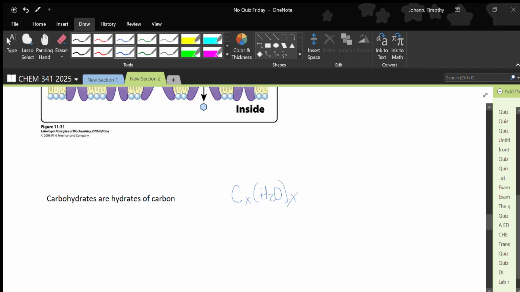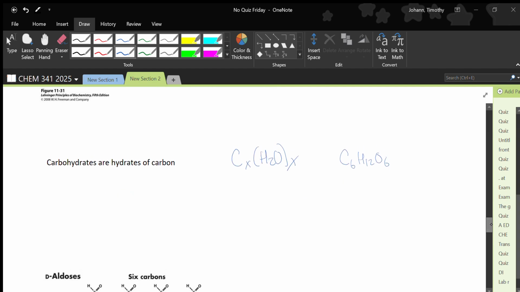It's going to be close to that. So you're going to have 1 water per carbon. And so let's say we're talking about glucose, okay? So glucose is a monosaccharide. It has the formula C6H12O6. I mean, you can see it right there, right? You guys see that? Okay.